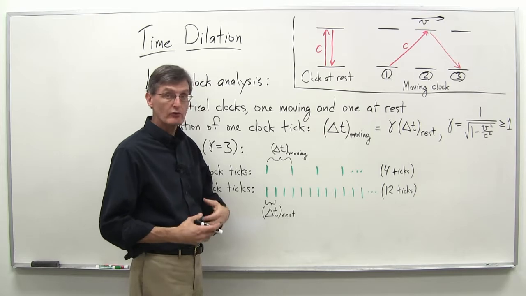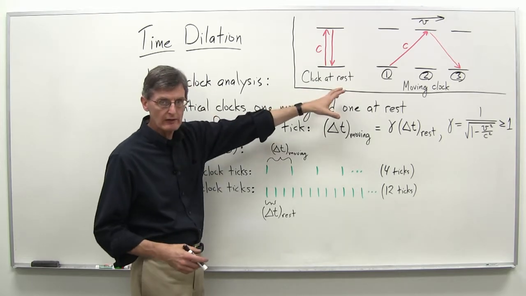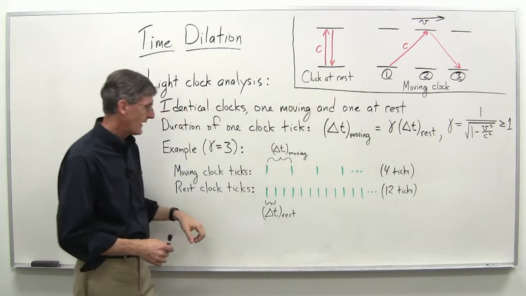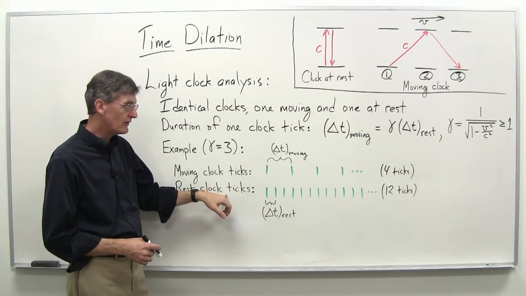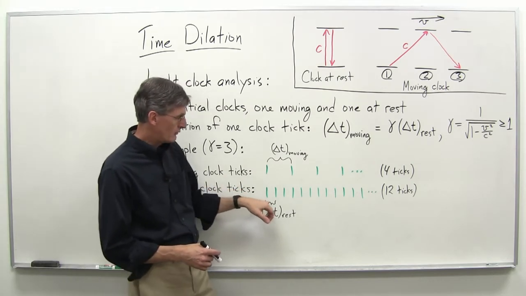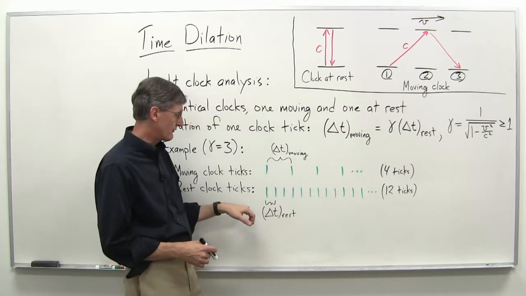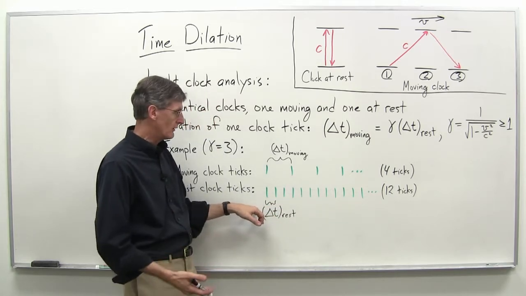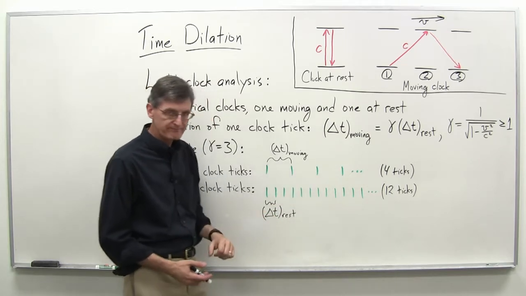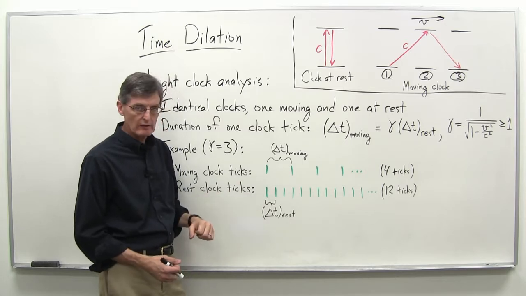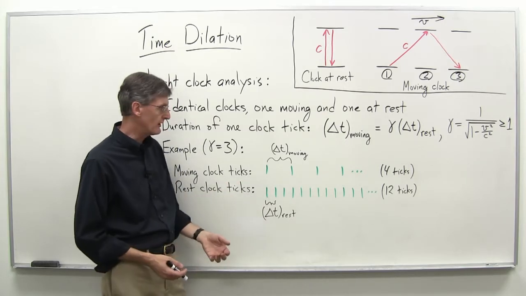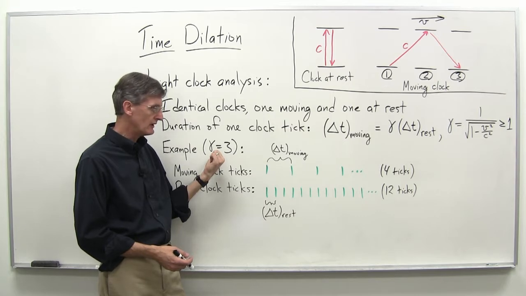What would be the corresponding elapsed time on Alice's clock as he observes it going by? And we can see this right here is that, the way I've drawn it here, I've got 12 ticks of the rest clock, his rest clock here, is going to equal 4 ticks of the moving clock. Okay? It's a 3-to-1 ratio, again, because we're choosing gamma equals 3 here.